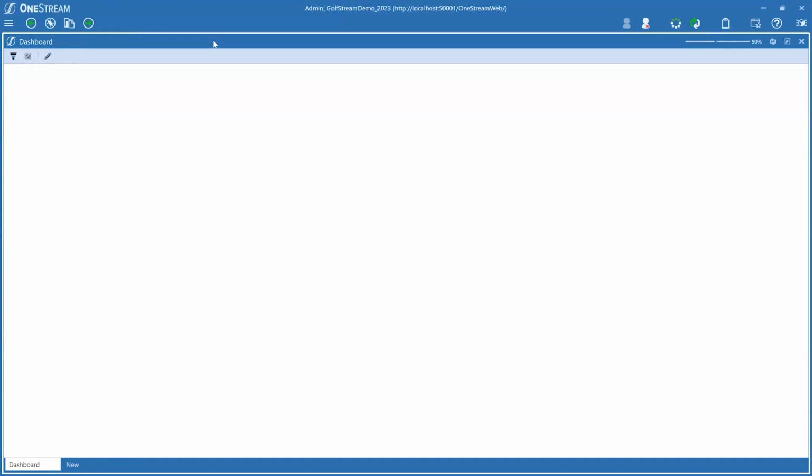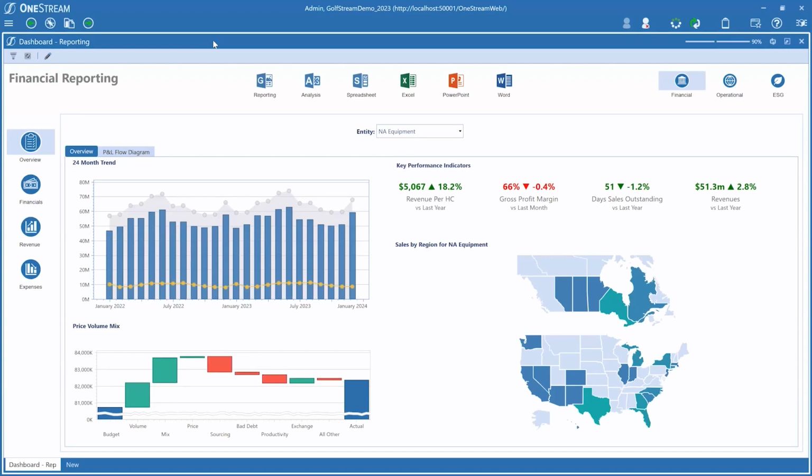So this dashboard is starting to look at those key performance indicators, once again, that we had just seen, as well as starting to look at things like a 24-month trend and visualizing that trend for some of the metrics that we're most interested in this particular chart. Things like revenues, gross income, cost of goods sold, really a breakdown immediately of ultimately the profit of the business and the margin that we're going to be producing.